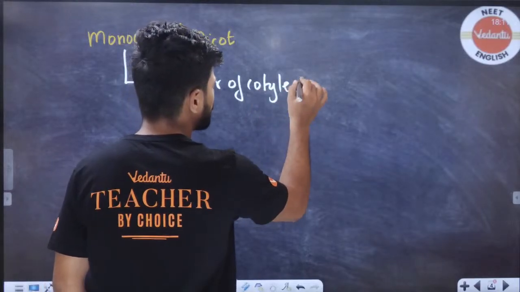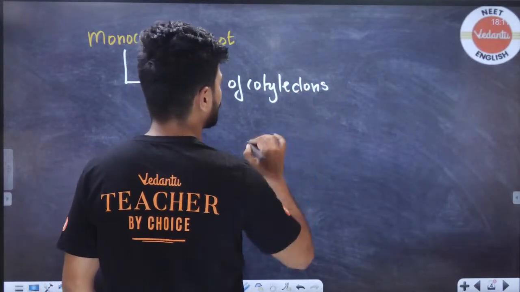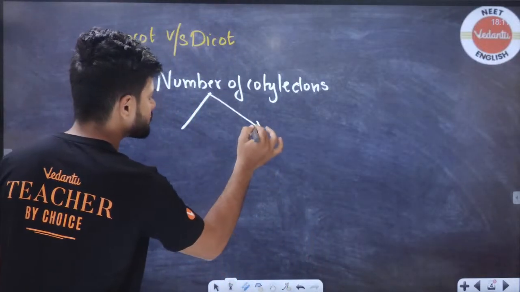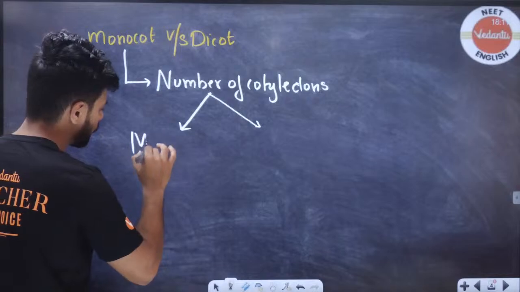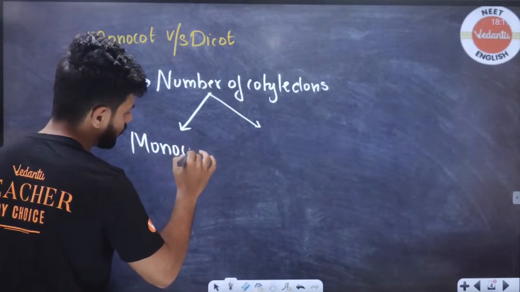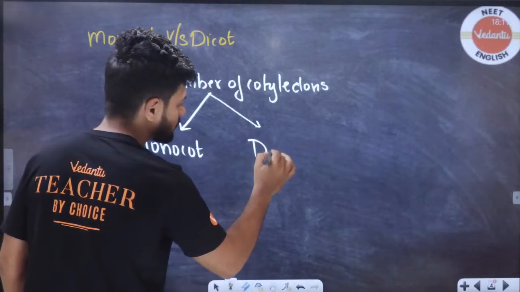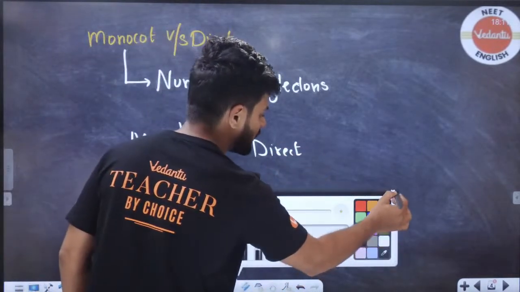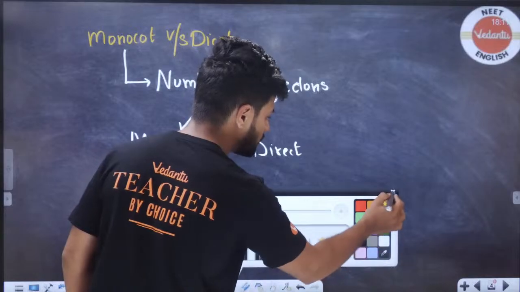Now students, all of you are aware that the number of cotyledons varies in monocot as well as dicot. In the case of monocot, there is a single cotyledon. How many of you know that?